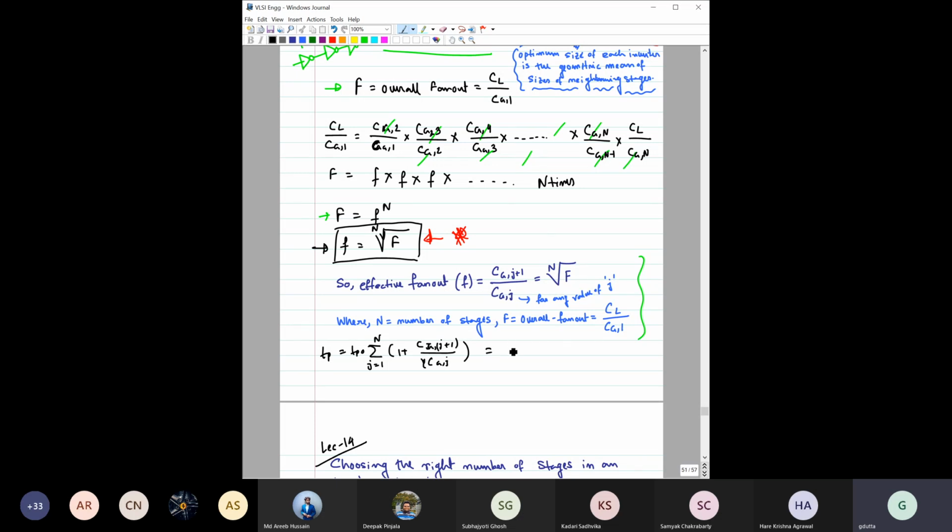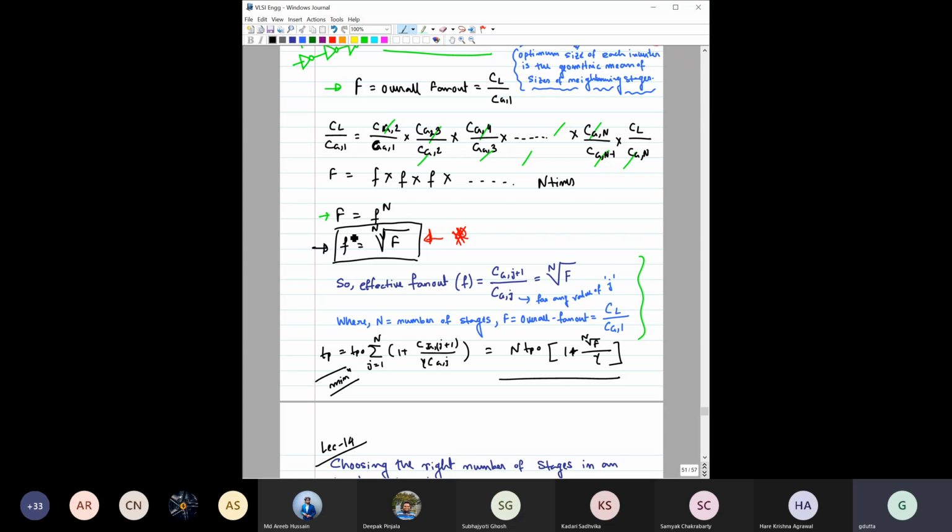So you can take this n common, and write it like this: 1 plus the nth root of f by gamma, right? Just put these values here and you will get this. So this is the total delay, and this is the minimum delay, because we have already put the condition. This is the condition for this minimum delay.